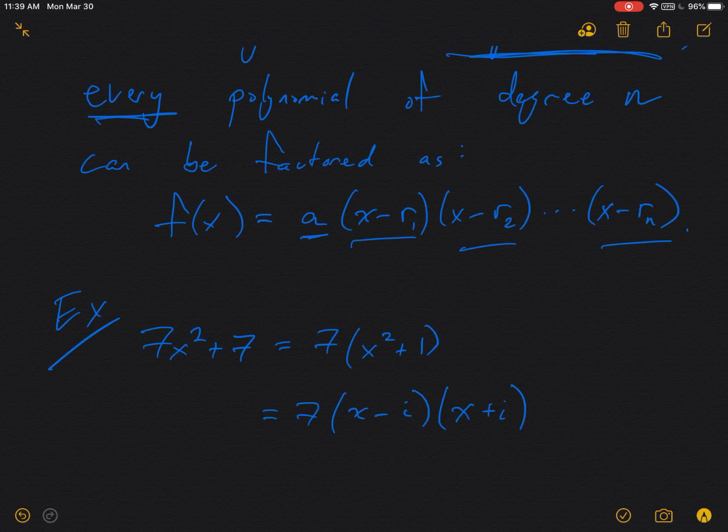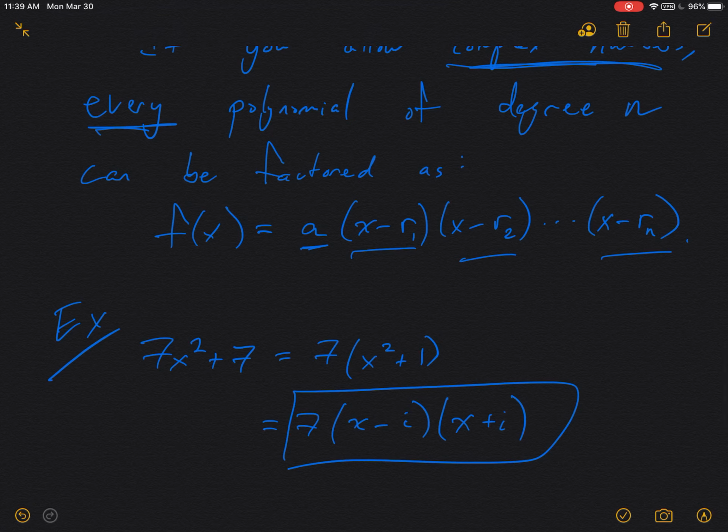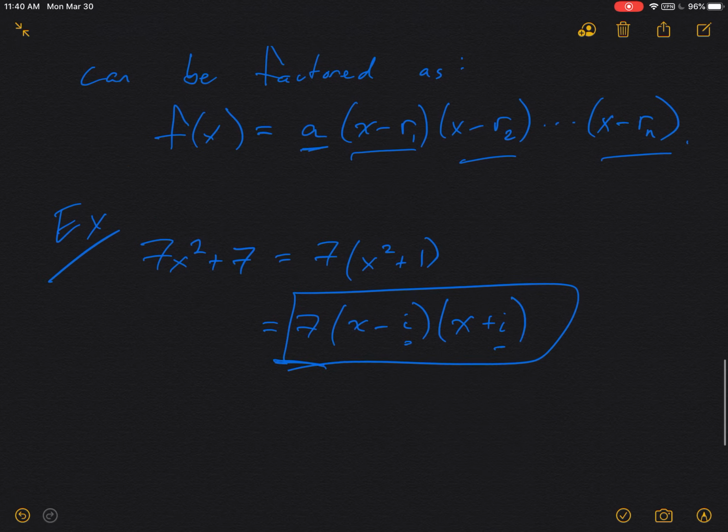So we know that this can be factored as x minus i times x plus i. And this is just confirming the statement in this linear factor theorem for this particular polynomial. It just says that you can fully factor any polynomial as long as you're willing to write down some complex roots on the inside. So this polynomial doesn't have any real roots, but it does have these two separate complex roots, each of them with multiplicity 1.